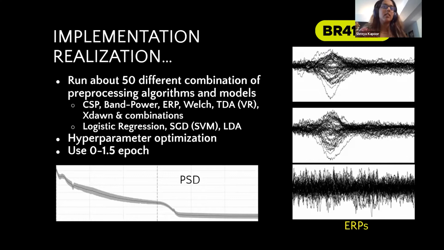You can see the third one is really noisy. So we can gain an intuition that probably on the third class, we would not get such good classification accuracy. And on the left-hand side, we show power spectral density. Here is the average PSD from all the channels.